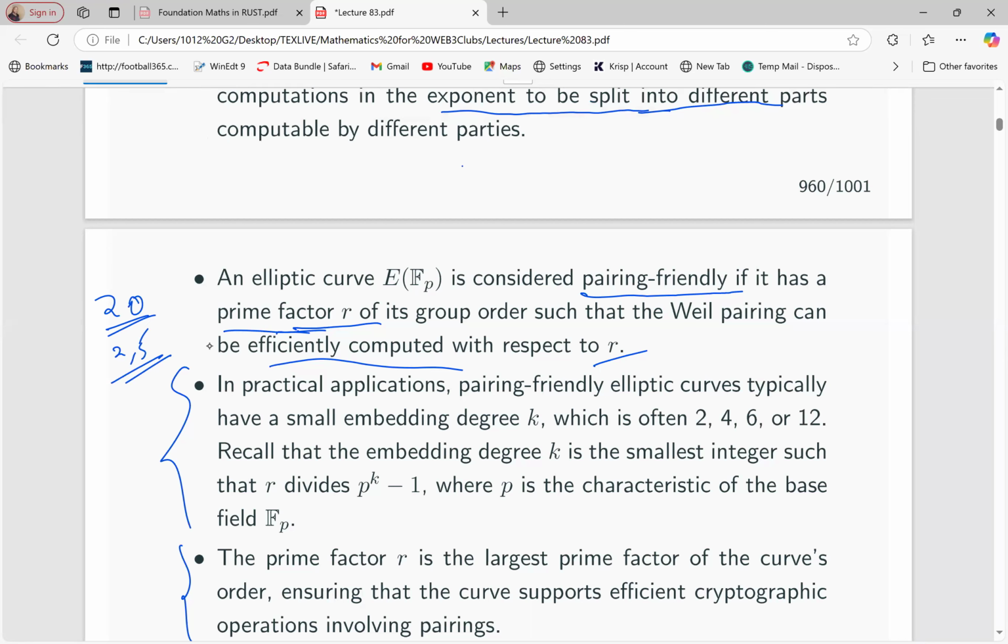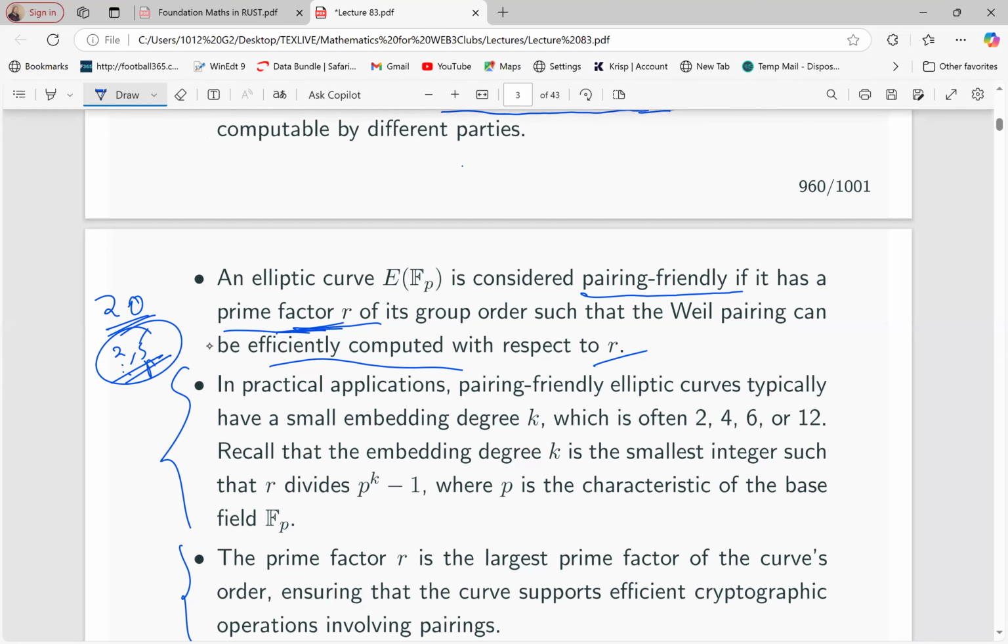So the pairing friendly elliptic curves must have an R. This is our R. And in this case, we have several divisors, picking the largest of them all. But this R should be one that can allow efficient computation of Weil pairing.